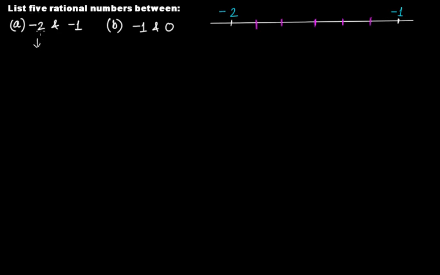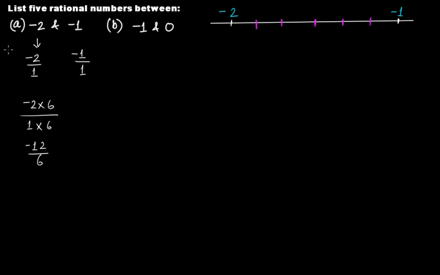Can we write it in the form of a rational number? This can be written as -2 over 1 and this can be written as -1 over 1. Since we have broken this into 6 equal parts, you multiply both the numerator and the denominator by 6 and you get -12 over 6.